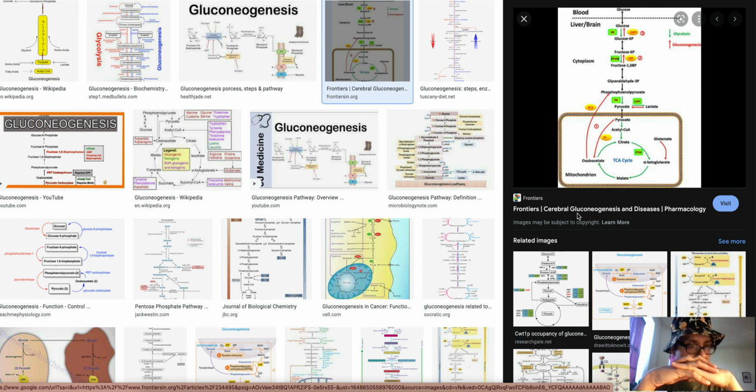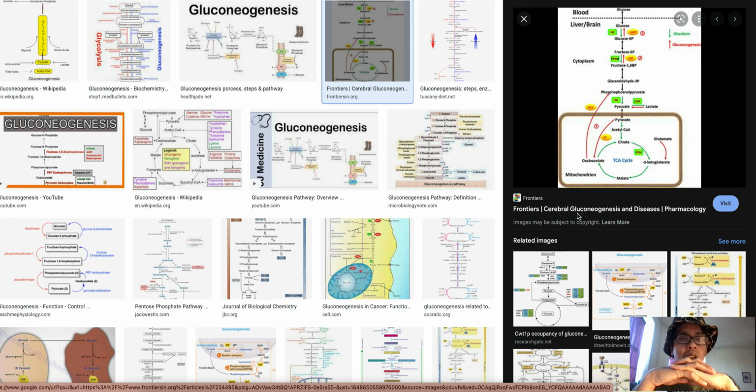Glycolysis breaks down glucose into pyruvate ultimately, and then pyruvate goes along its different pathways depending on whether oxygen is present or not, aerobic versus anaerobic conditions. Essentially, there's a limit of how much glucose can be stored within your blood, and a limit of how much glucose can be obtained from sources in your body.